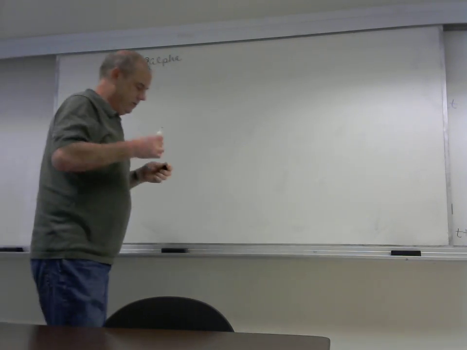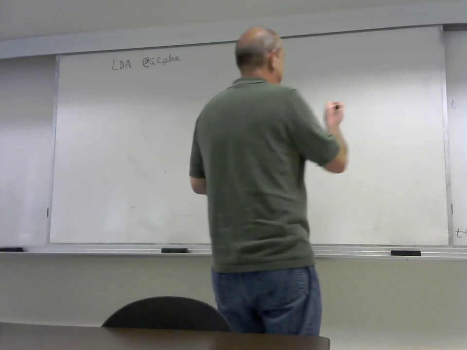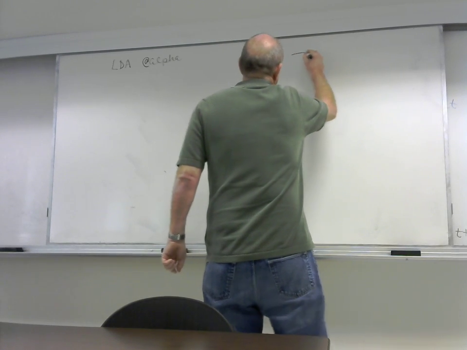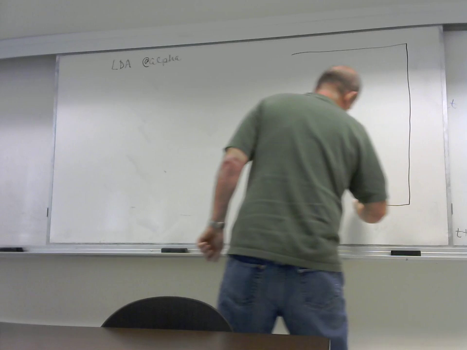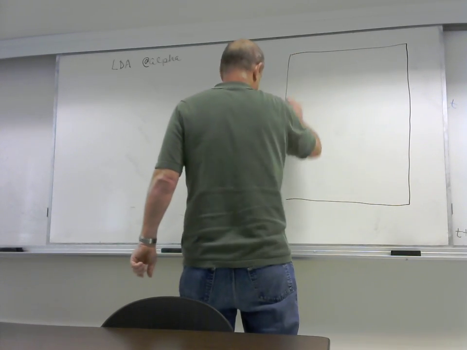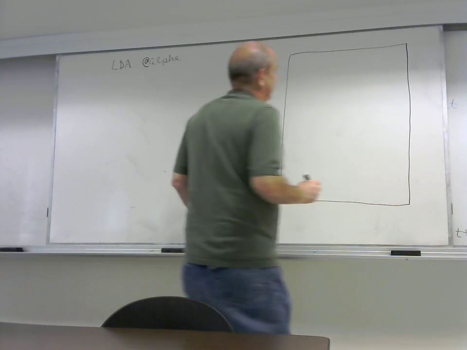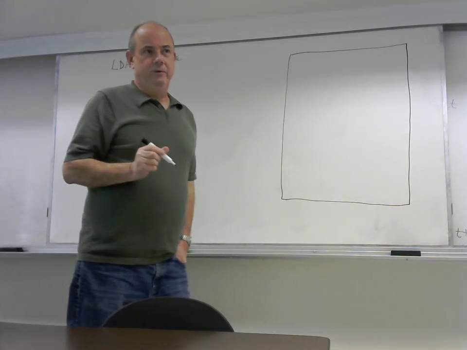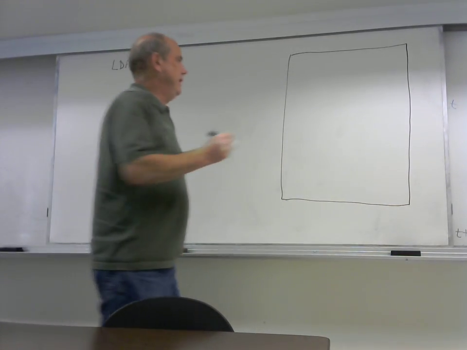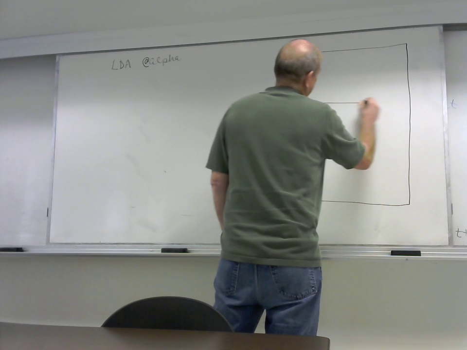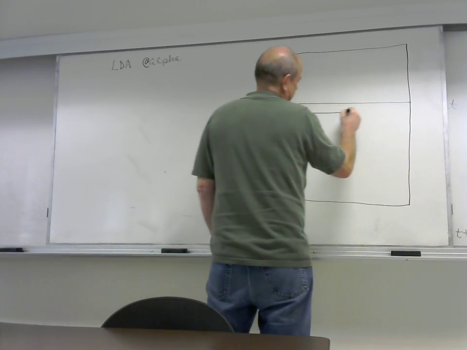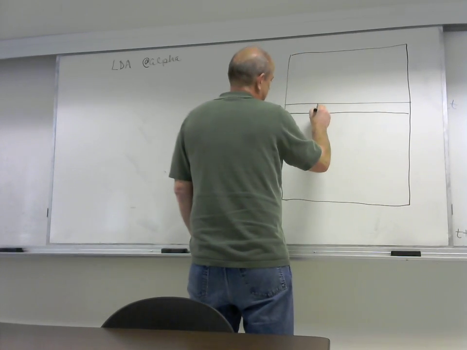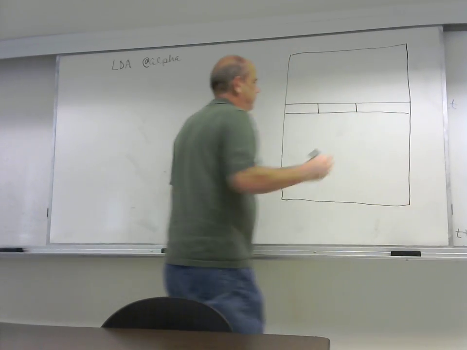But let me picture, let's draw a picture. I like pictures. Suppose that we have a memory map here. So this is a memory map of your program. Now you have executable code up at the top here. And down here you've got labels which refer to memory locations.